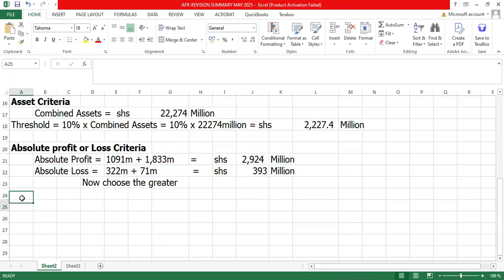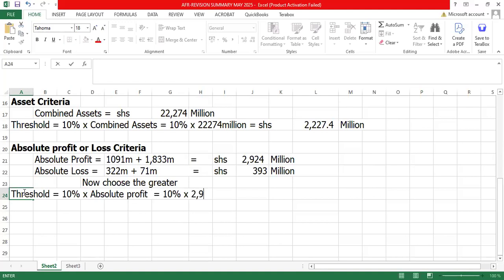So it means that the threshold will be equal to 10% times the absolute profit, because that one is the one that is greater, which is equal to 10% times 2,924 million. What do you get?